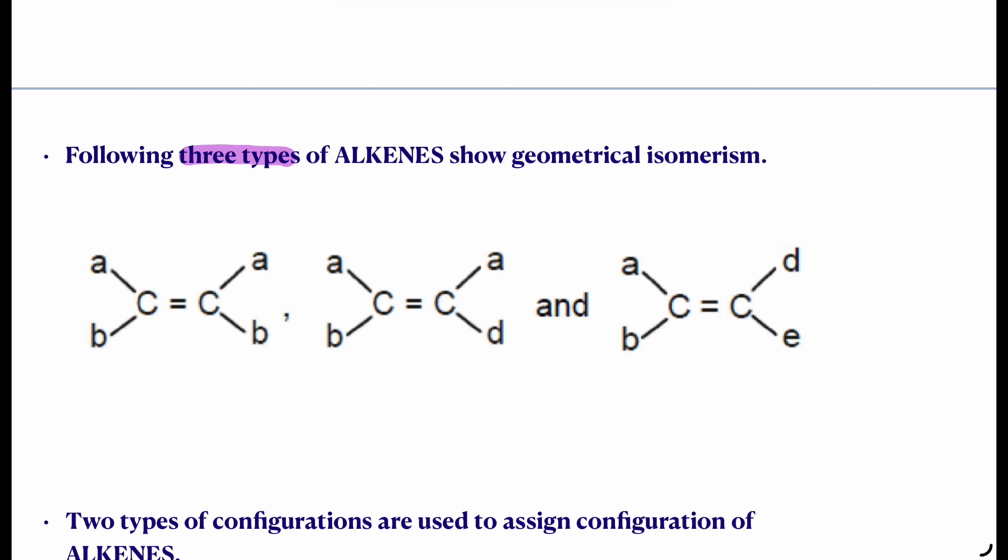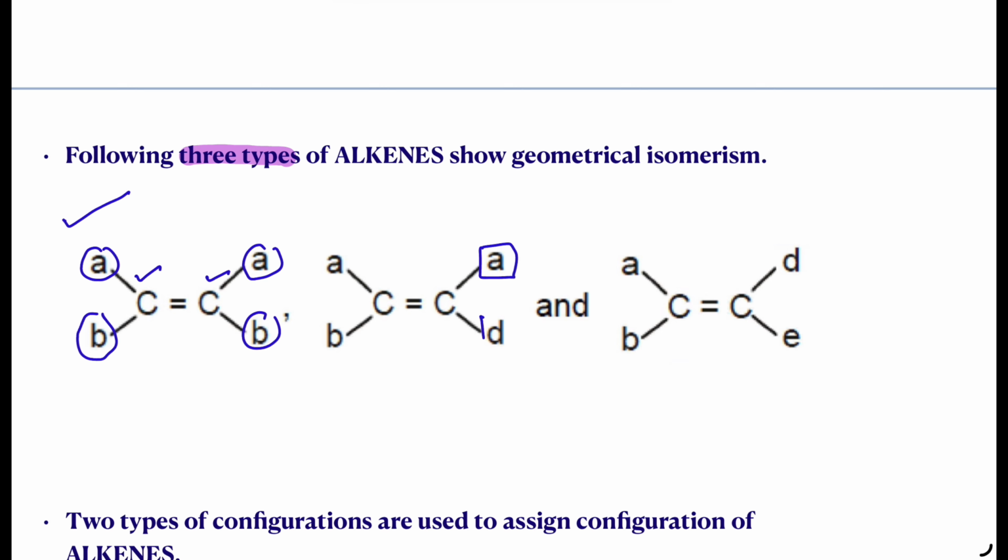I will read it like this: AB type of structure, ABAD type of structure, ABDE type of structure. Now if you see here, AB condition is satisfied, AB here also the condition is satisfied, so this molecule shows geometrical isomerism.